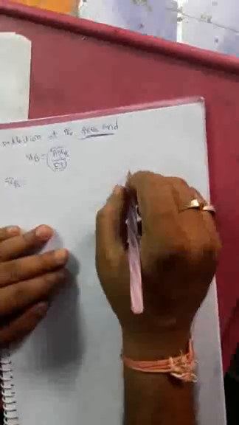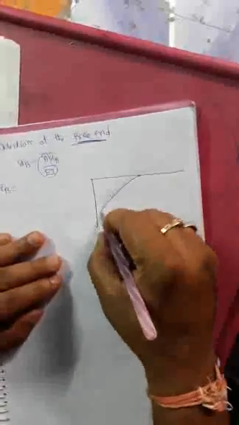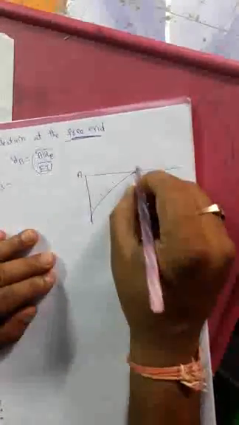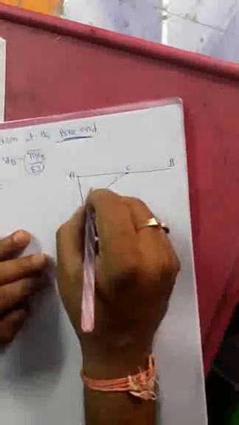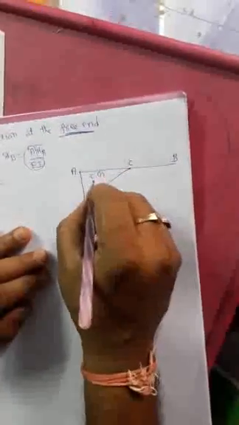So x bar B is, on this parabolic shape line, this is A, C and B. This is the center of gravity.